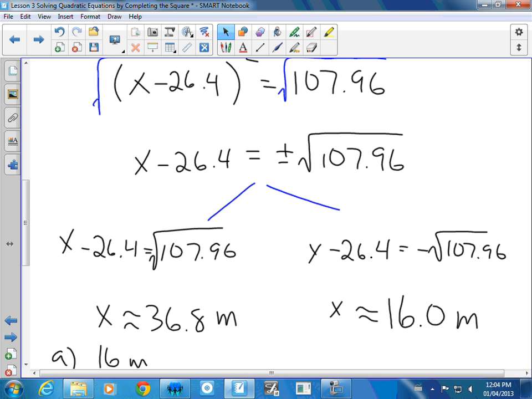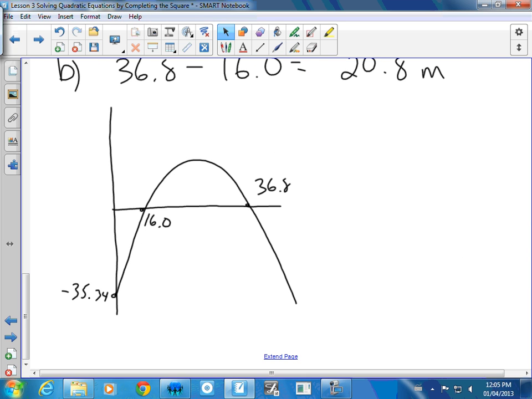If a quadratic's in quadrant 1 and it opens up, is there any x-intercepts? No, it's way above everything, right? If it comes and touches the x-axis at one point, there's one answer. In this case, how many answers are there? 2, because it crosses the axis at 2 points, right? So if you know beforehand how many answers there are, it'll help you pick the method that you're going to use to solve this. Yeah? Okay.